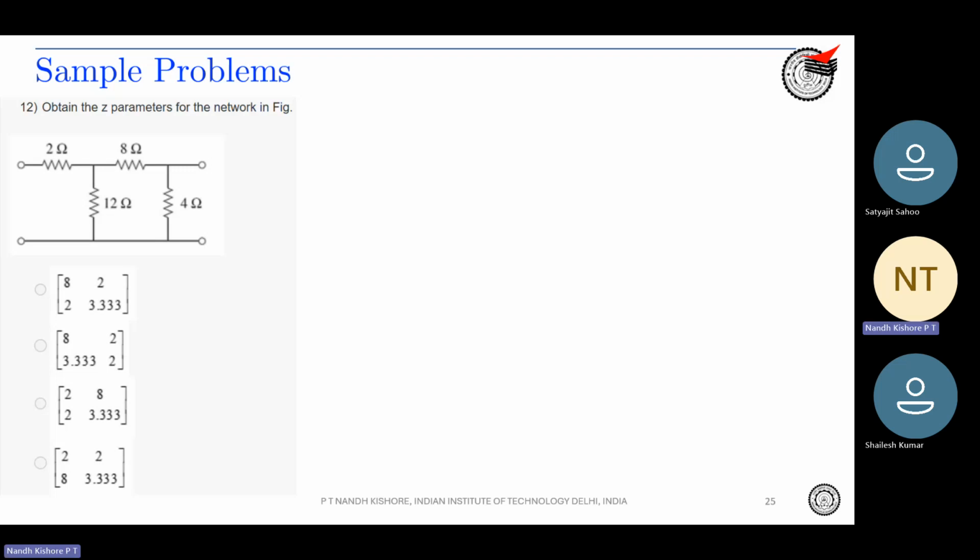Okay, so they have asked for the Z parameters, correct? So again, we go back to the basic definition of Z parameter. You have V1, V2 that are related to Z11, Z12, Z21, Z22, and then I1, I2, correct?